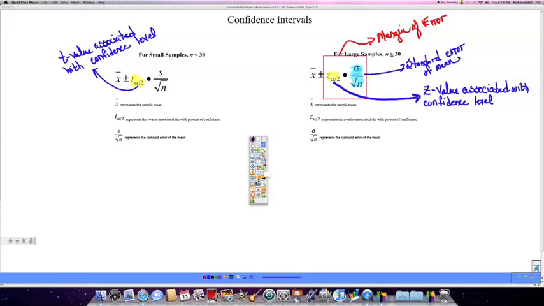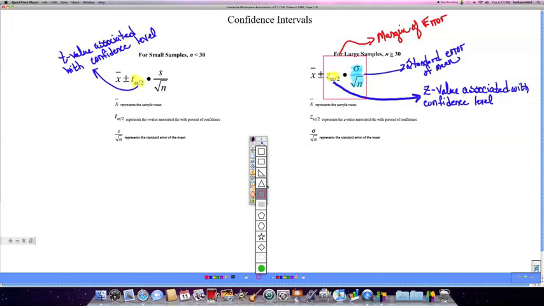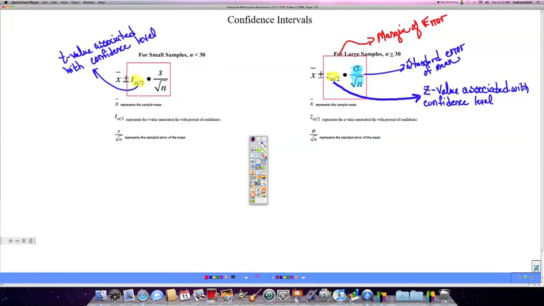And it is also true that this product here is also what we call the margin of error.